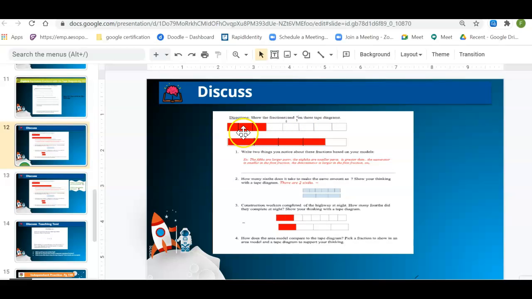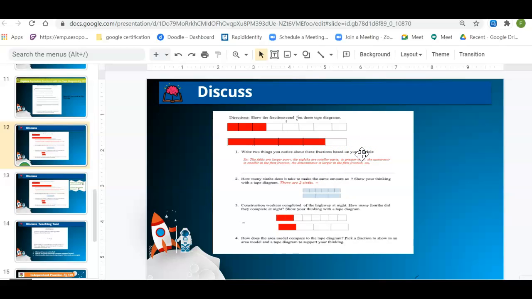And the first one, directions say to show the fractions 3/8 and 4/5 on the tape diagrams. So you had to actually complete it. So you have 8 equal parts, and 3 of them are shaded in. So that represents 3/8. And on the second one here, you're showing 4/5. So you got 5 equal parts, and you got 4 of them shaded in. And you go down next, write the 2 things you notice about these fractions based on your models.